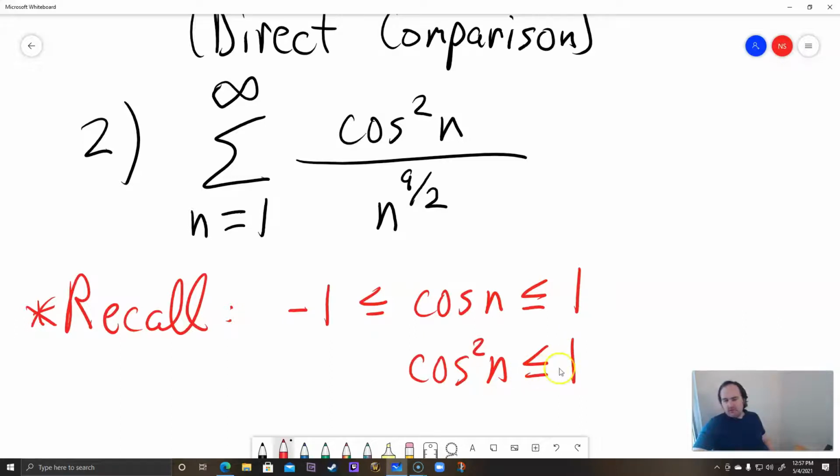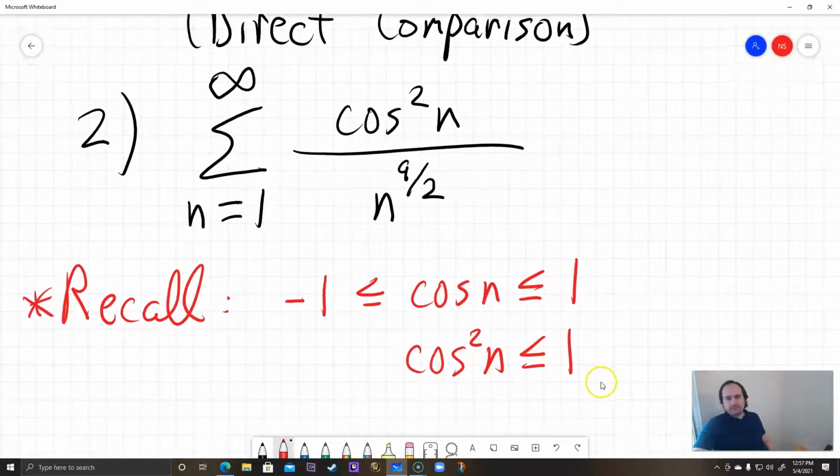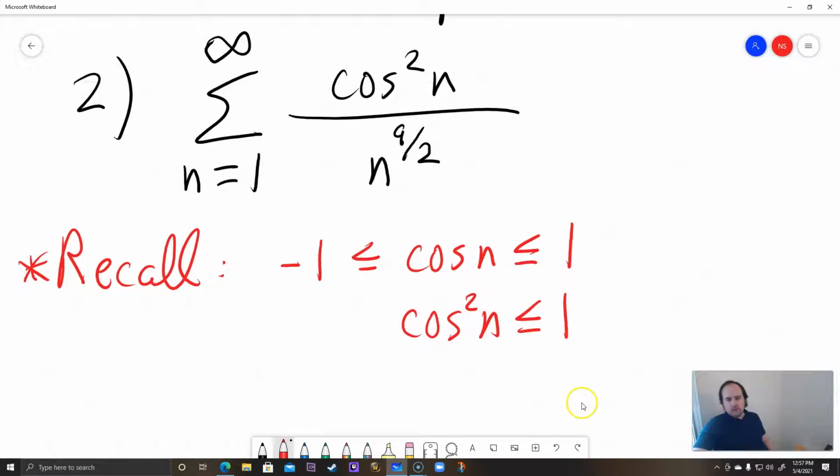So cosine squared of n is less than or equal to 1. So the reason why I wrote that is we can actually write our bn as 1 over n to the 9/2, because cosine squared of n is less than or equal to 1.